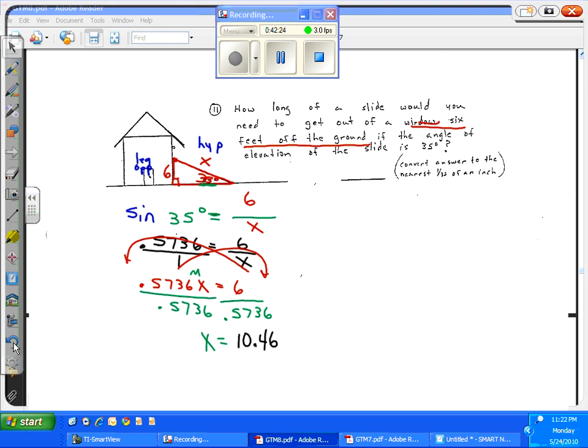Now, if you want an exact answer, here's what you need to do. Sine 35 degrees is equal to 6 over x. We would leave it without calculating and cross multiply, and we would get sine 35 degrees x is equal to 6. We would undo multiplication by division.